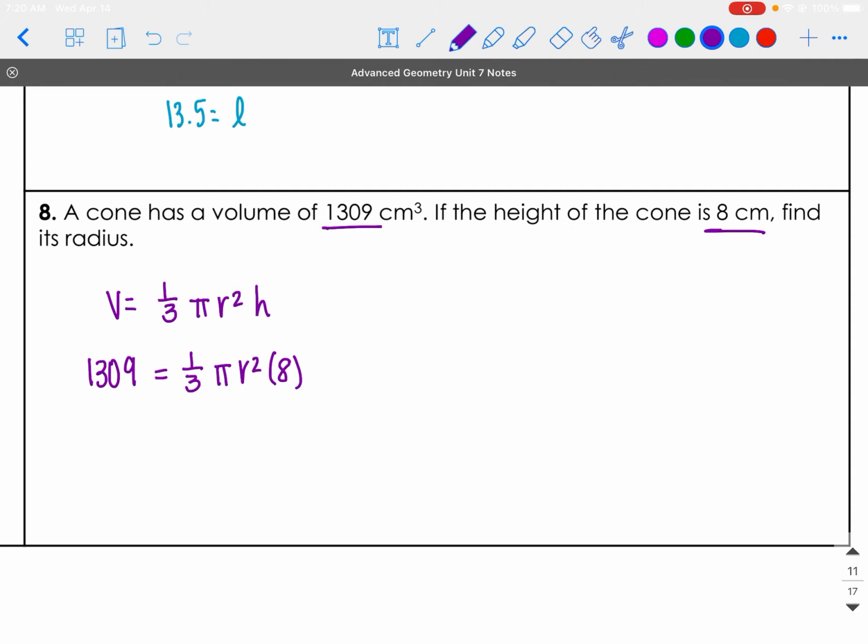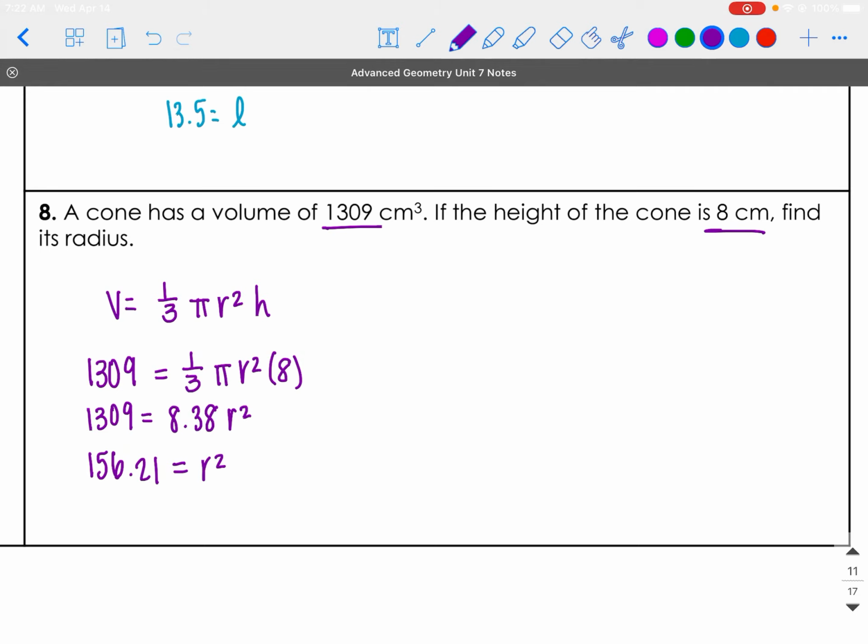We can multiply 1/3 times pi times 8 to get 8.38. Then we still have r squared. So then we divide both sides by 8.38 to get 156.21.